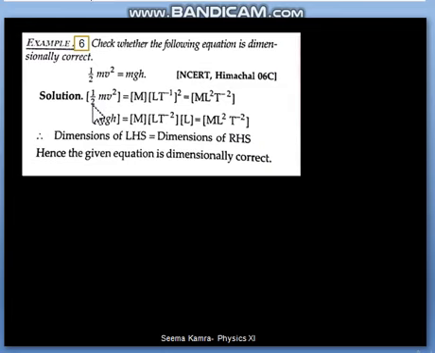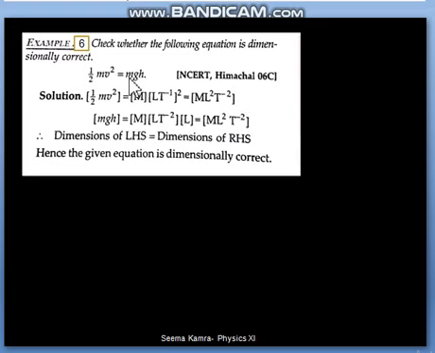So half is ignored. Now next is m. Its dimensional formula is capital M1. Next is v, velocity. Its dimensional formula is L1 t minus 1. But power 2 is given of velocity. We will apply. So we will get m1 L power 2 t power minus 2. This is the LHS answer.